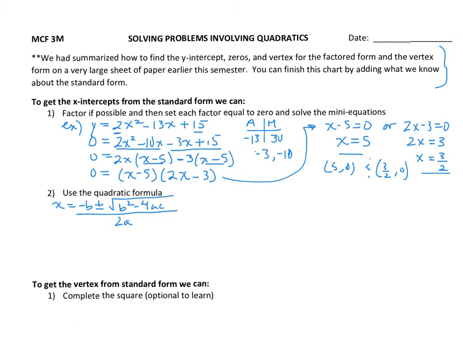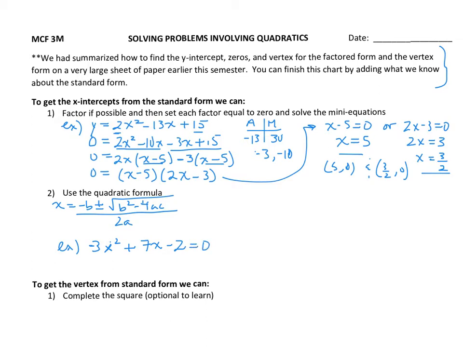Okay, so for example, if you had the relationship, let's make that a negative: negative 3x squared plus 7x minus 2.